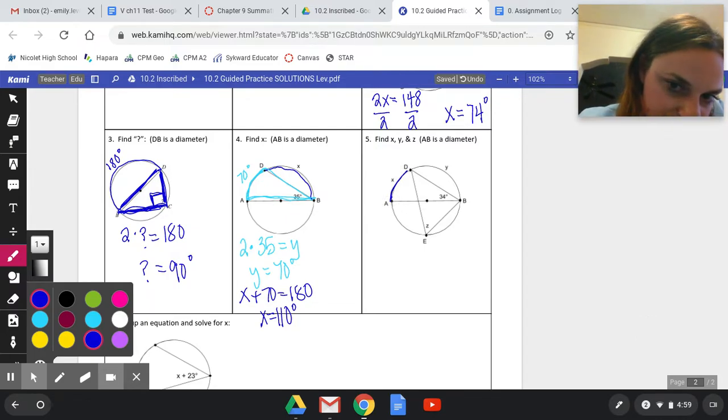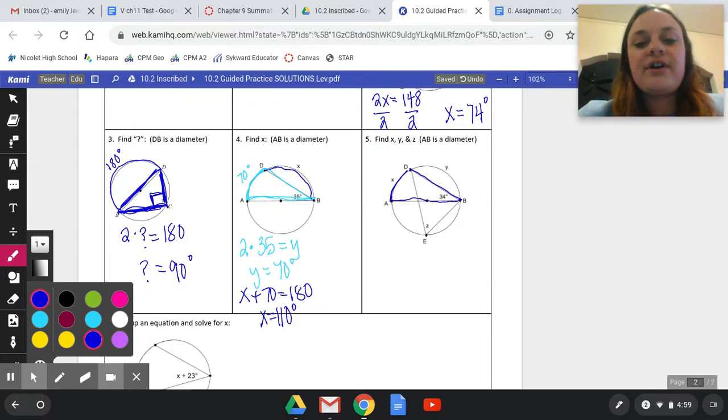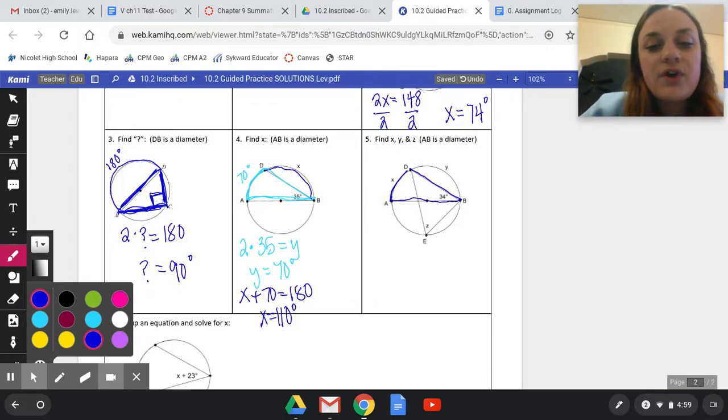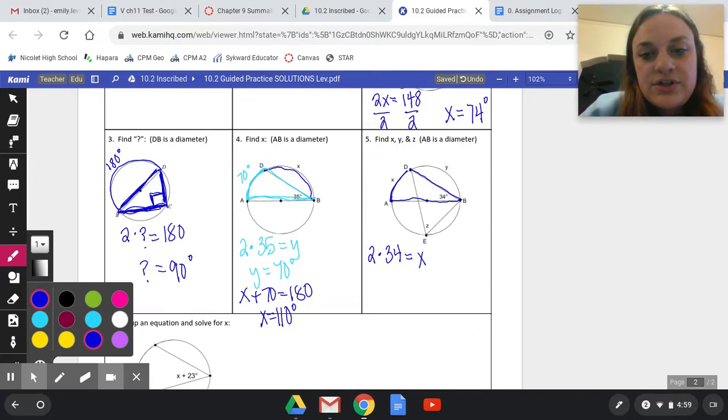It's an intercepted arc for this inscribed angle of 34. The inscribed angle is 34. So 2 times my inscribed angle, 2 times 34, is equal to x, which tells me I don't want to run out of space. So x is equal to 2 times 34, which is 68 degrees.